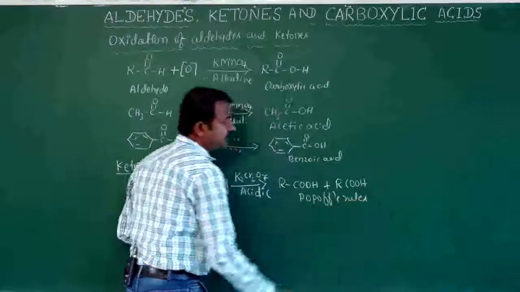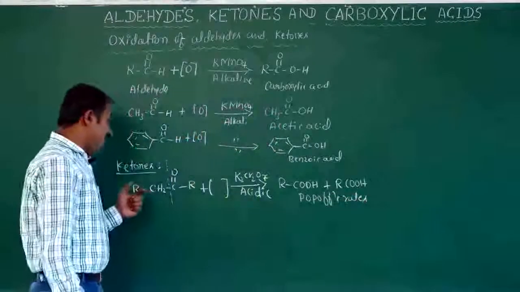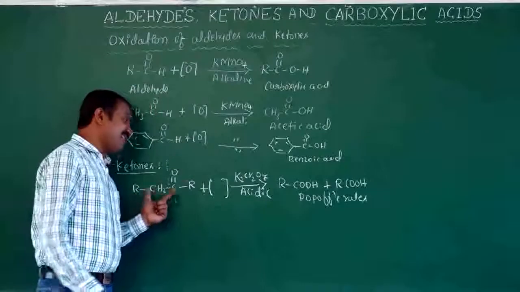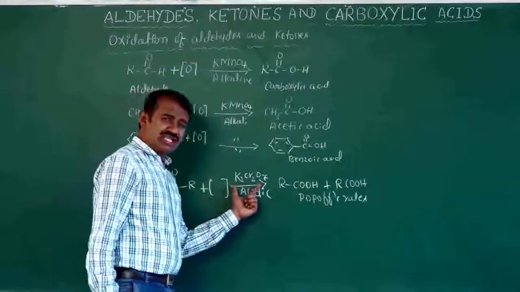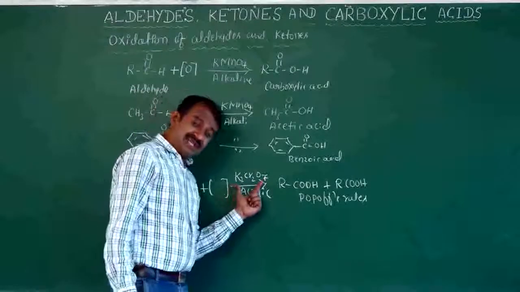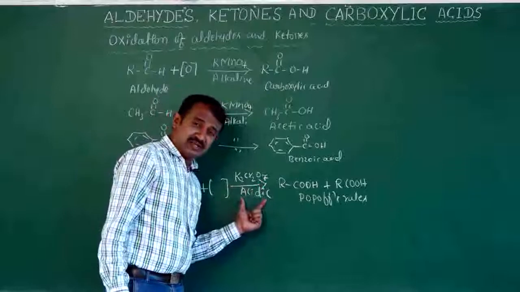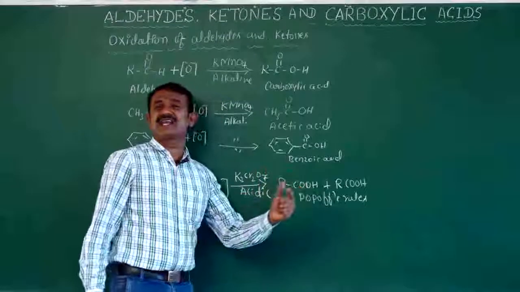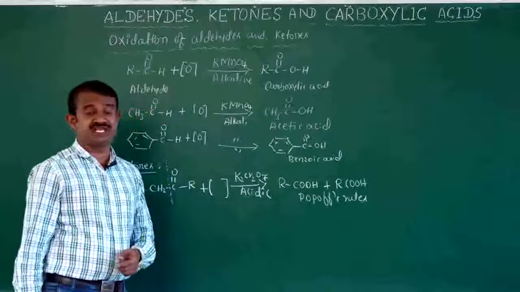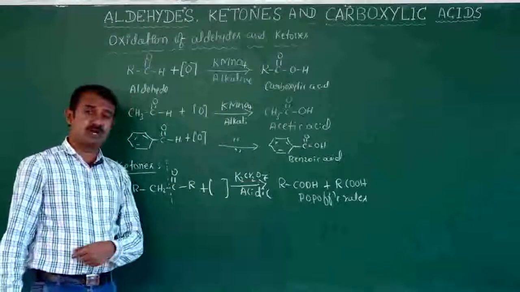What is Popov's rule? When a ketone is oxidized with potassium dichromate in acidic media, you get carboxylic acids with a lesser number of carbons.